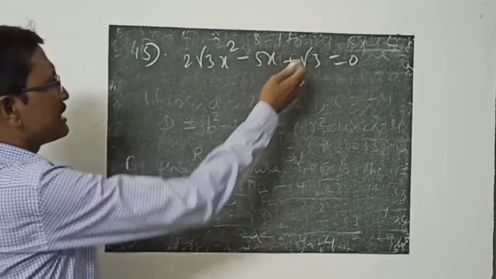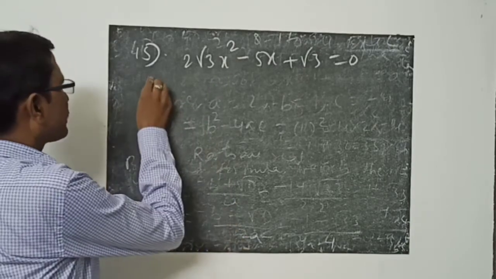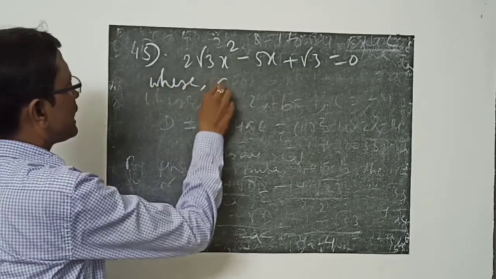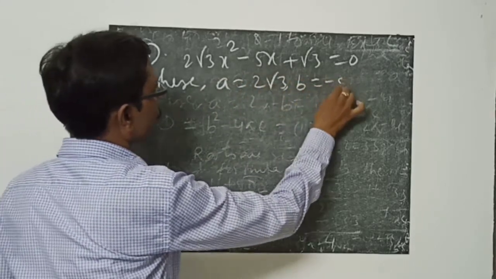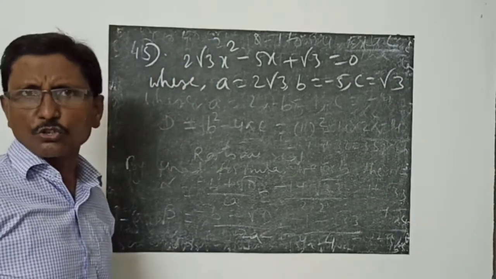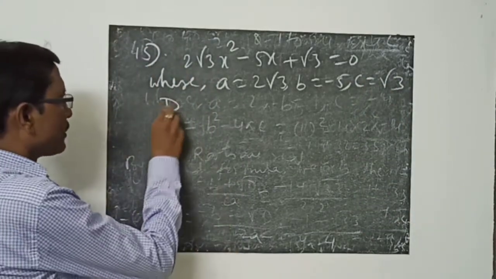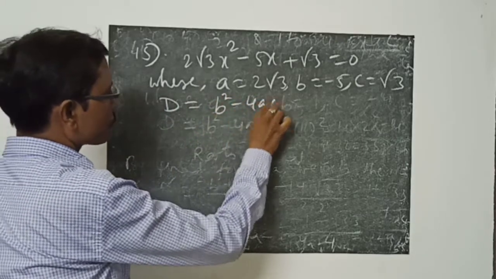So it is in the form of ax square plus bx plus c equal to 0, where a equal to 2 root 3, b equal to minus 5, c equal to root 3. First of all we will find D. D's formula is what? b square minus 4ac.